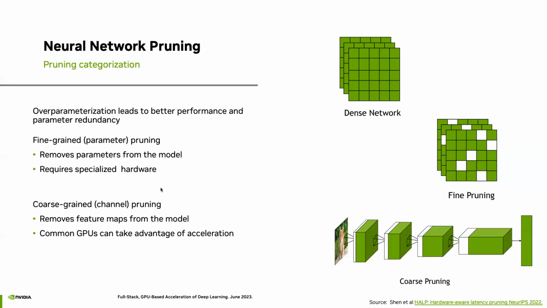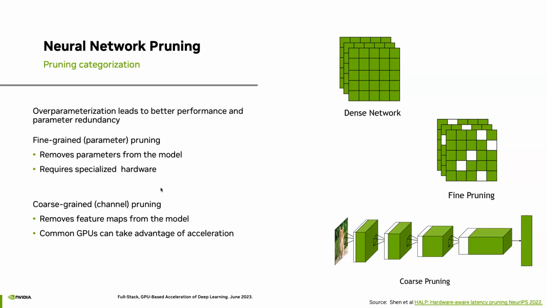And then you may ask, why do we not directly train a compact, smaller model? Well, actually the larger model will typically be easier to train, and over-parameterization always gives us better accuracy. And it turns out if we perform pruning from a large model, then it usually gives us a better overall accuracy, better overall performance.